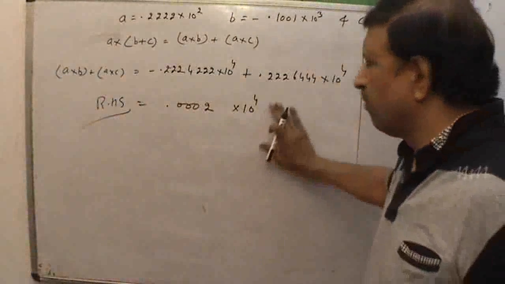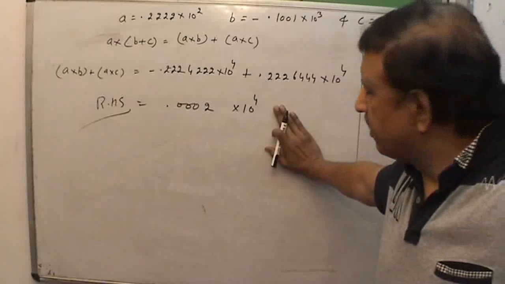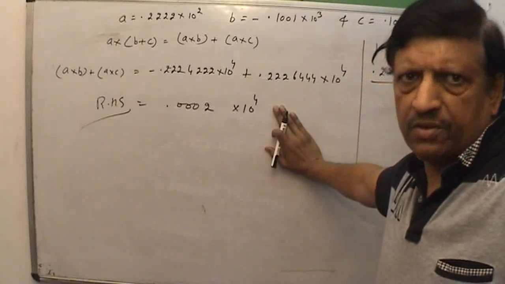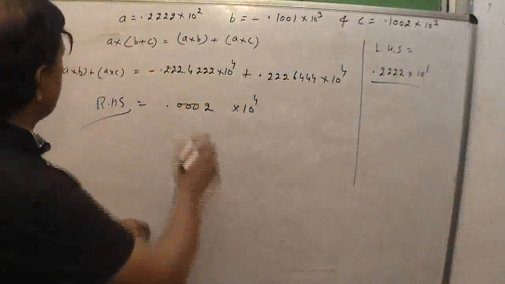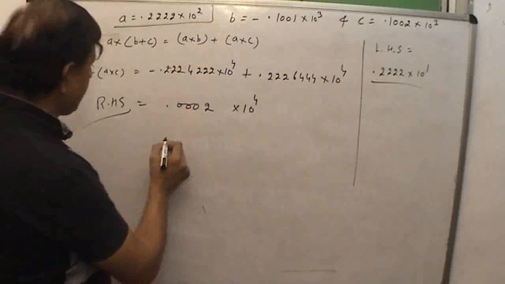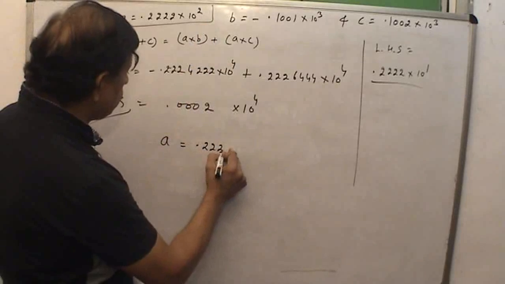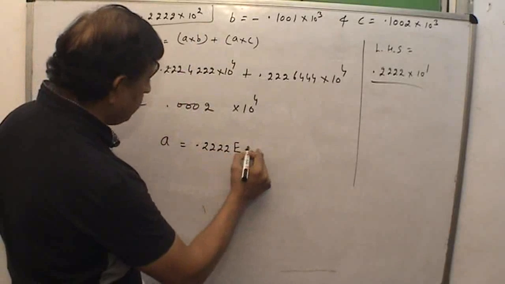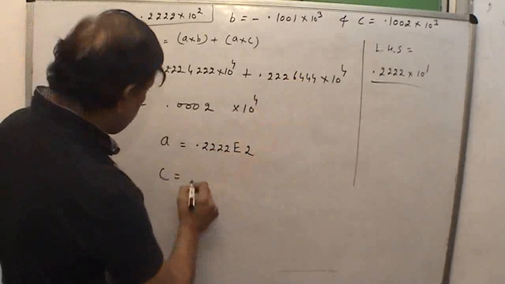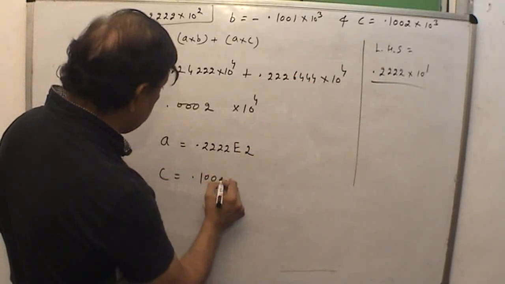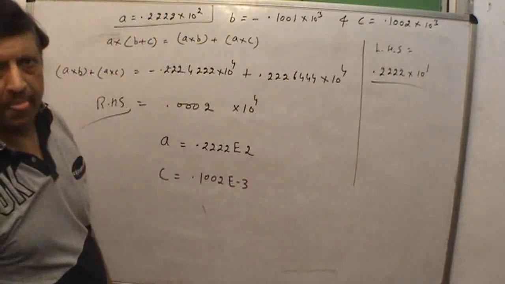In the same way, we can prove any result in computer mathematics. Sometimes, in some books you will find that we write the figures in this way, but they write the figure like this: A is equal to 0.2222E2. And if it is negative, let us see, C is equal to 0.1002E minus 3.